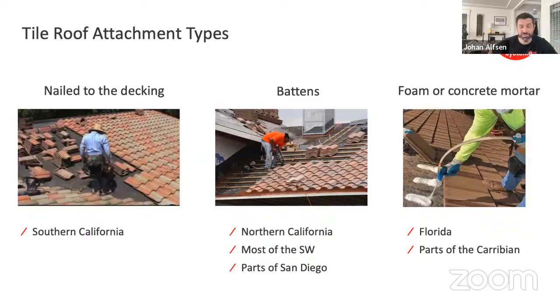So that's kind of a newer style of battens, but you do see that in most of Northern California, Arizona, the Southwest, and parts of San Diego as well, but definitely in Northern California, where I'm from. And it makes it a lot easier to remove a tile, because you don't have to pull a nail out. You just prop up two tiles that are locking it in, and then you can pull it out pretty easily.